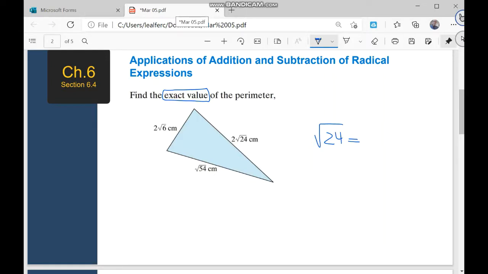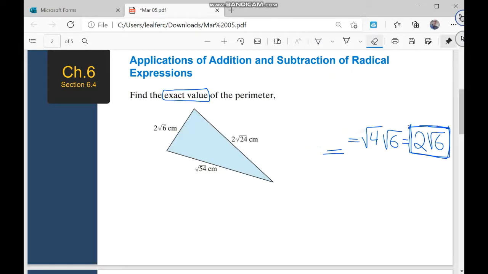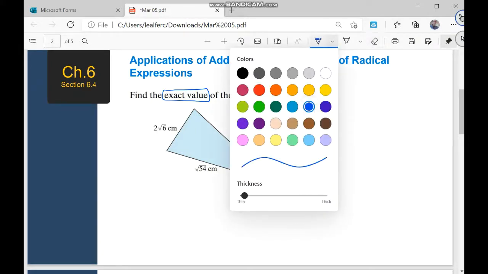In this situation, the square root of 24 is square root of 4 times square root of 6, and the exact value is 2 times the square root of 6. Just a quick explanation of what exact value means. We will not use the calculator to find the result. We have to represent it using the square root.